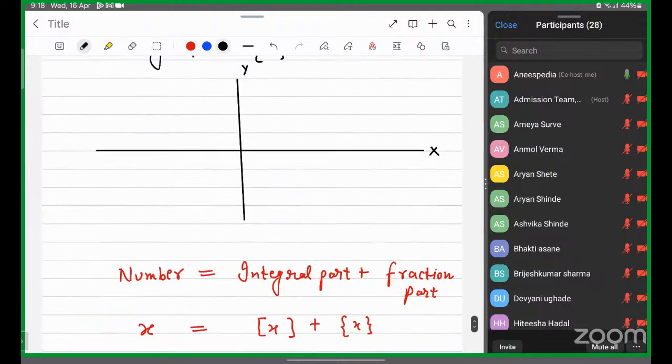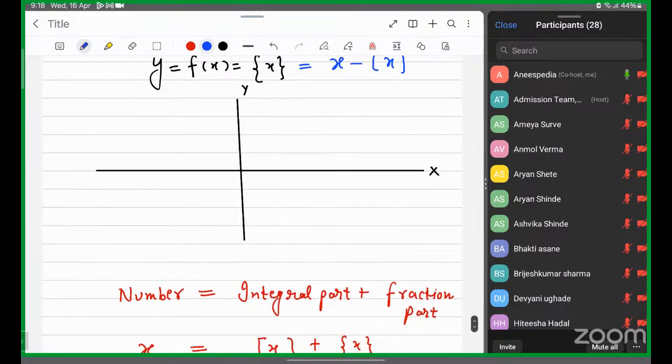If you plot the graph, you will understand that the graph starts from 0 and goes till 1. The fractional part cannot attain 1 because 1 is the integral part, and the property of the fractional part is that it gives only the fractional part. So the graph will be like this.